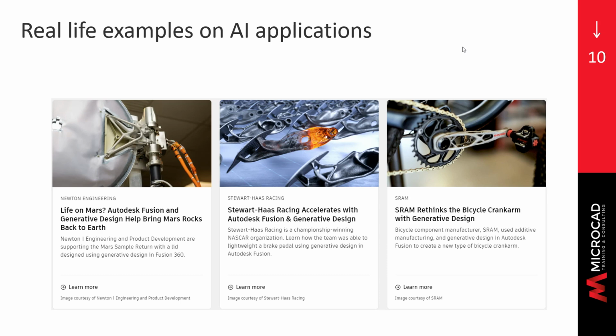That lid design was done using generative design in Fusion. Basically, on a space mission, you want to be as precise as you can. There's no room for failure, and you need to look for the most optimized design, at as low a cost as it can be, and lower weight, because it's stuff that's moving in space. So that design was done using Fusion 360.